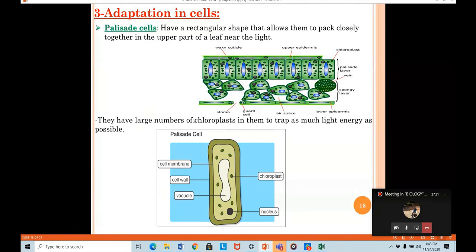Okay, so they have a large number of chloroplasts in them to trap as much light energy as possible, because chloroplasts obviously trap the light energy and help in the process of photosynthesis. So this is the structure of a Palisade cell, exactly our plant cell which we studied. It has a cell membrane and a cell wall.